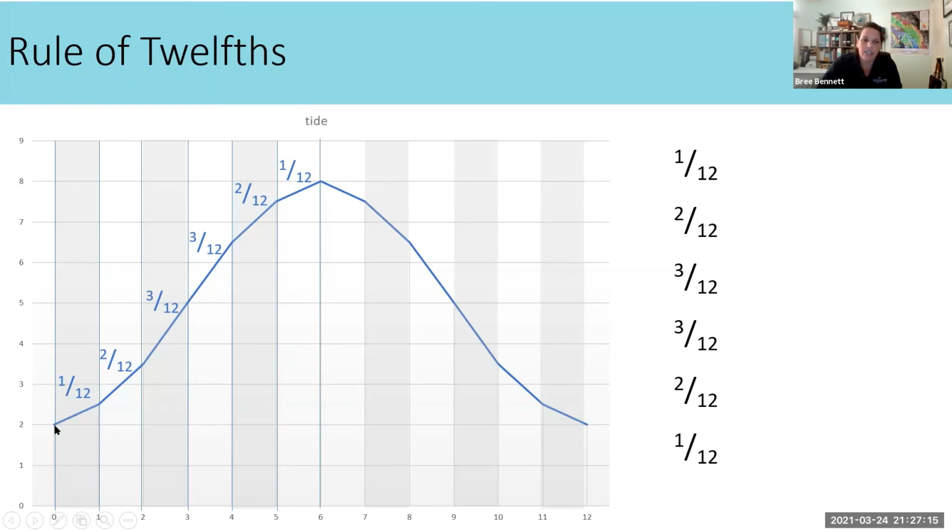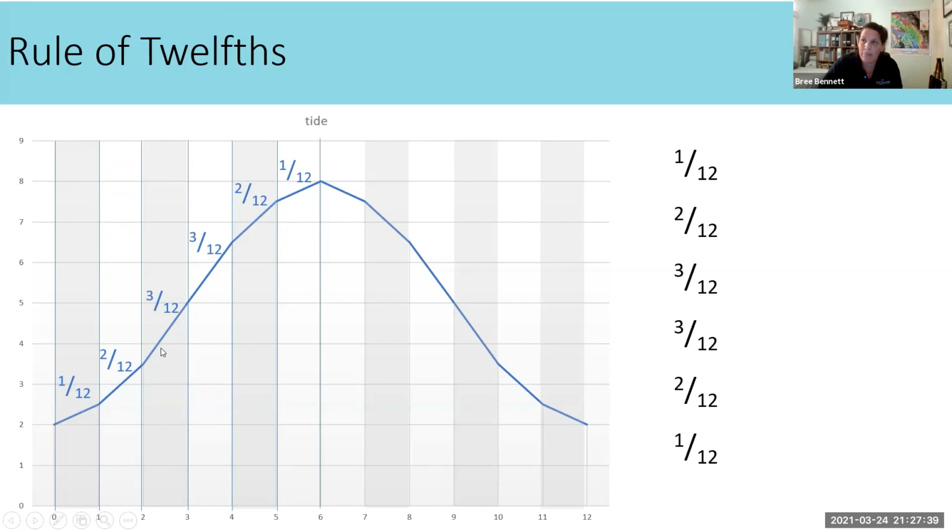In the first hour, it only changes about 1/12. In the second hour, it changes 2/12 of the total range. The 12ths are of the range. In the third and fourth hour, it changes 3/12.